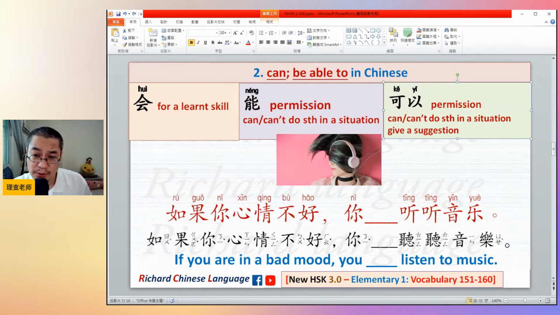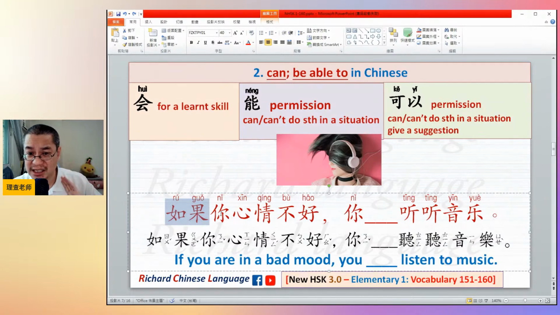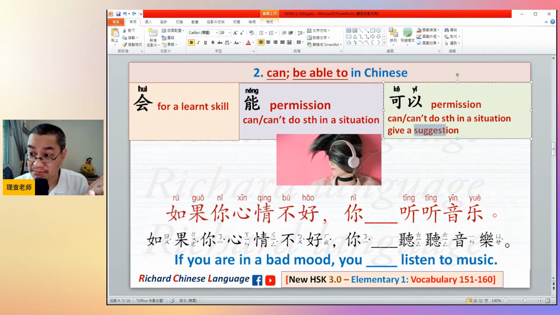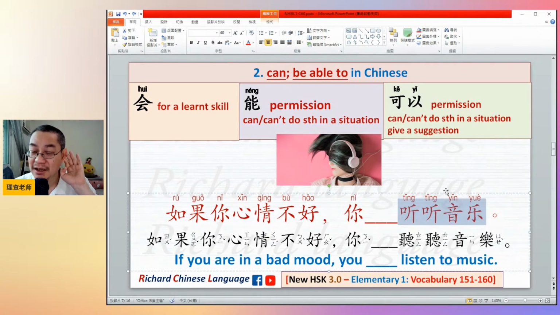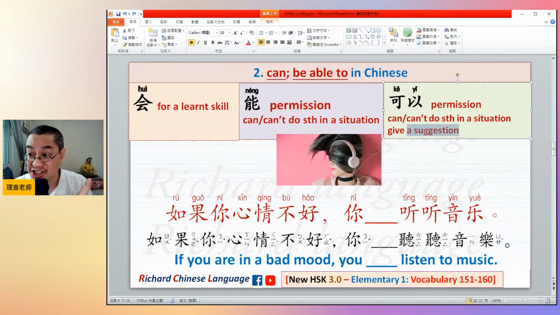Because 如果你心情不好, if you are in a bad mood, let me give you one suggestion to feel happy. Let me give you one piece of advice to make you happy, to make you feel better. And that is, 你可以听听音乐。You're giving someone a suggestion, right?